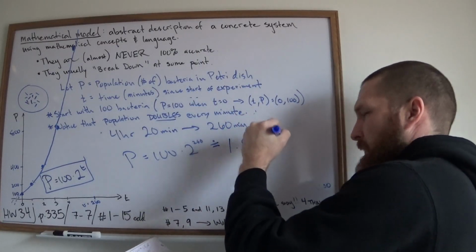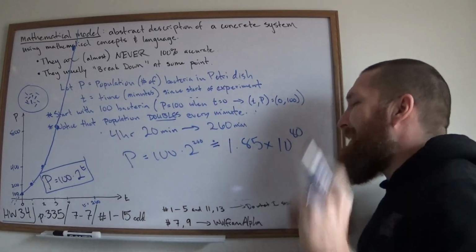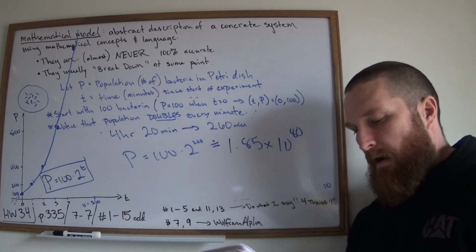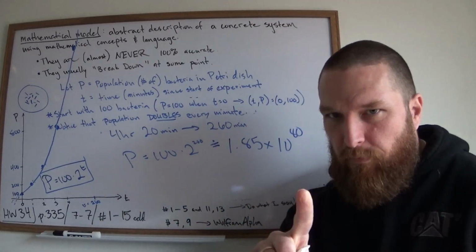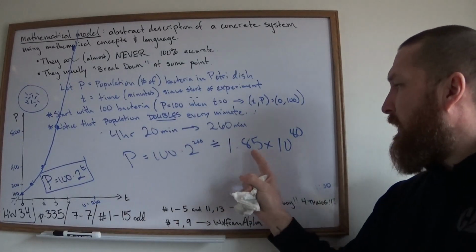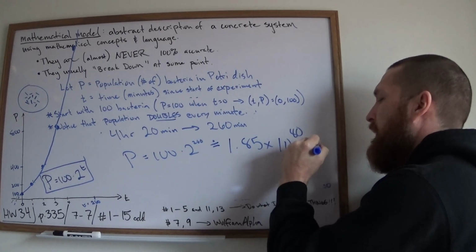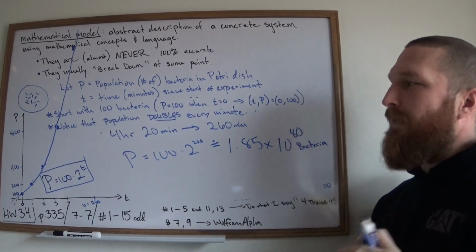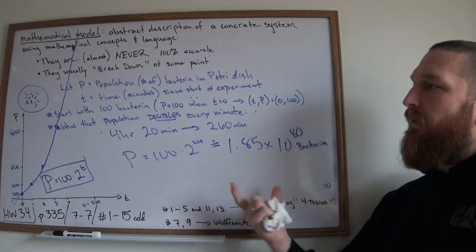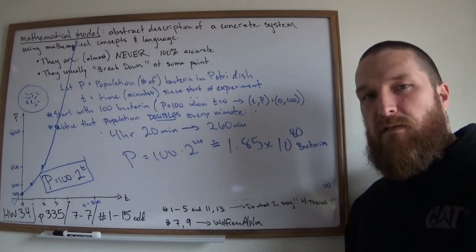1.85 times 10 to the 80. So our model predicts that there will be 1.85 times 10 to the 80 bacterial cells, bacteria in my Petri dish. Is this possible?